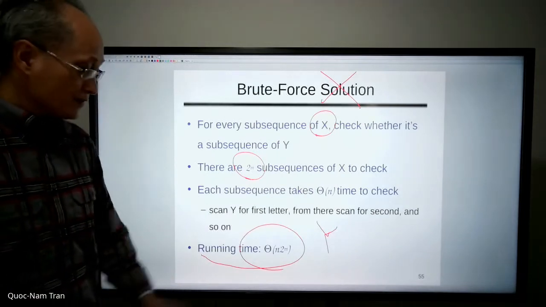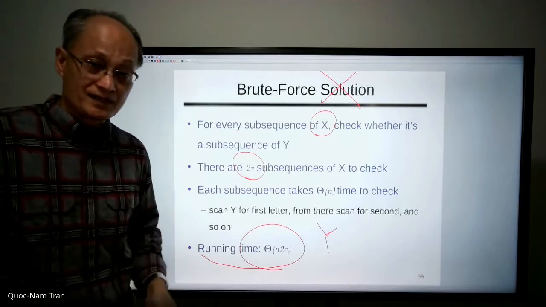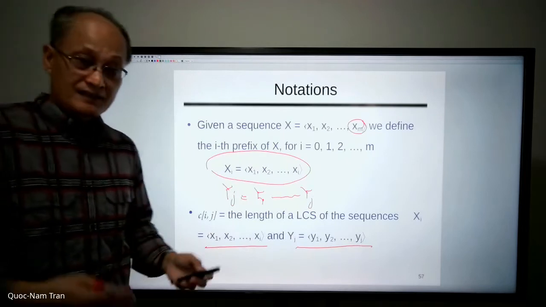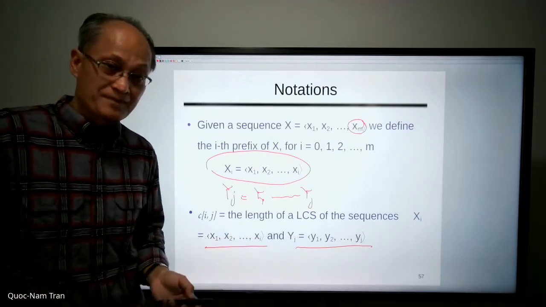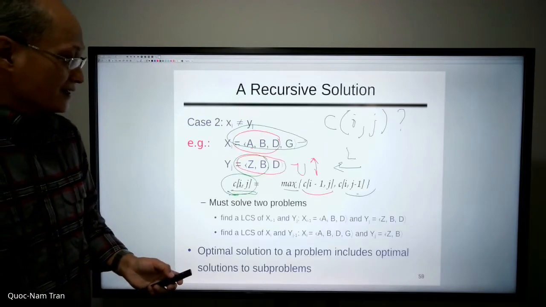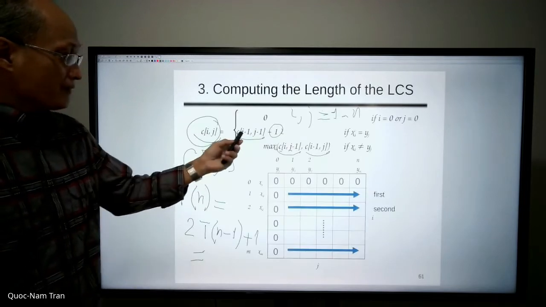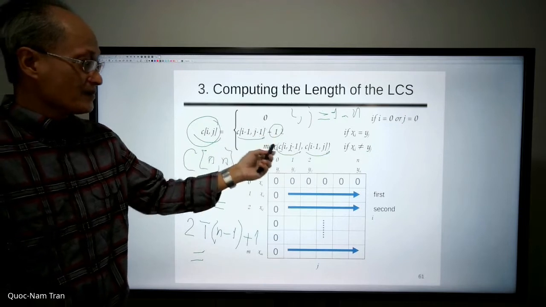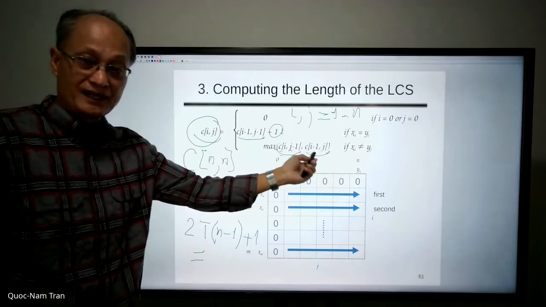So this one is for the brute force or exhaustive search. So now we design an algorithm that looks better, right? By comparing the last elements. If they are the same, or if they are not, then invoke the function again.